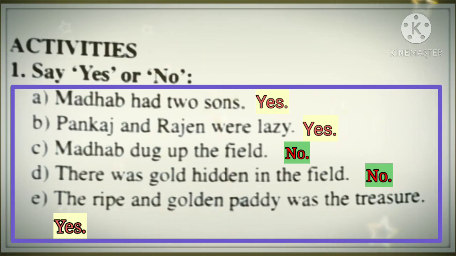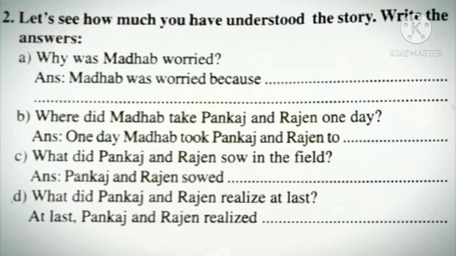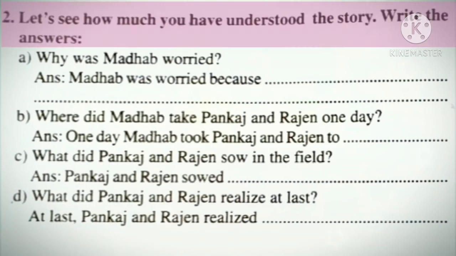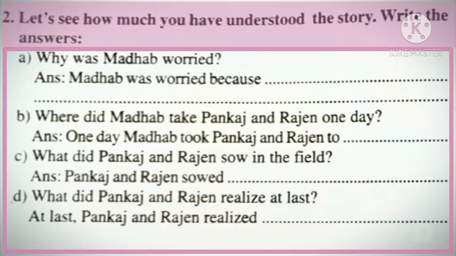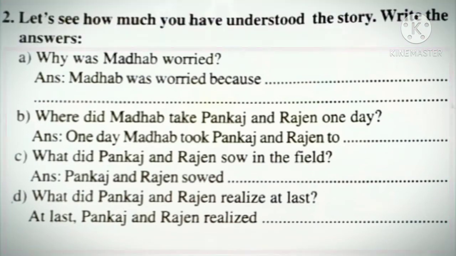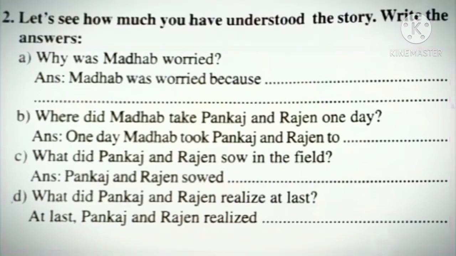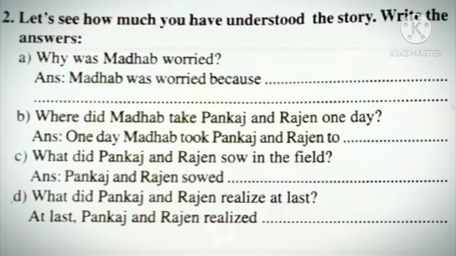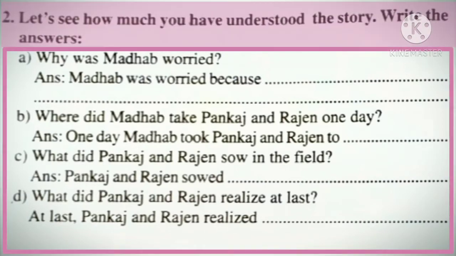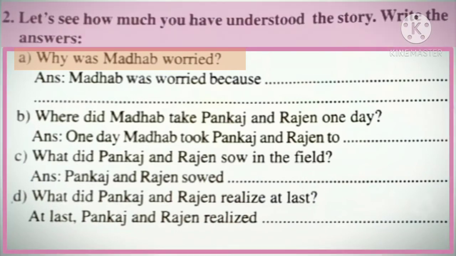Now, let's see what's given in activity number 2. Let's see how much you have understood the story. Write the answers. Students, notice here we are asked 4 questions to test our understanding of the story. Look here, the answers are incomplete. We are asked to write the answers. A. Why was Madhav worried?